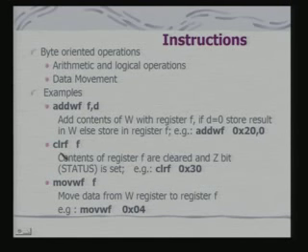This is an instruction for clearing the content. So, contents of register F are cleared, and Z bit, which is also part of the status register, is set, and here also you will be specifying exactly a location. Similarly, this is an example of a data move instruction.